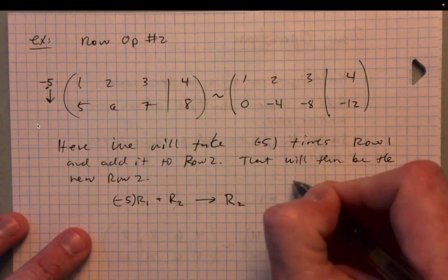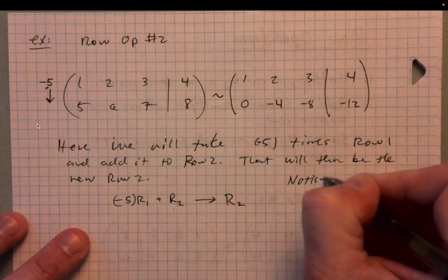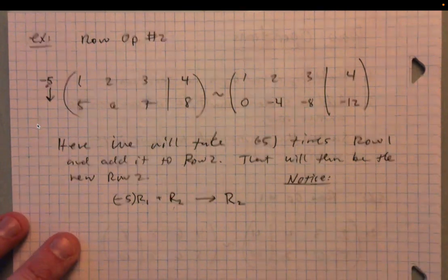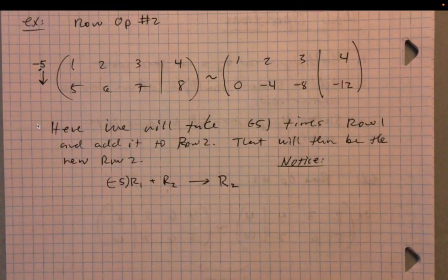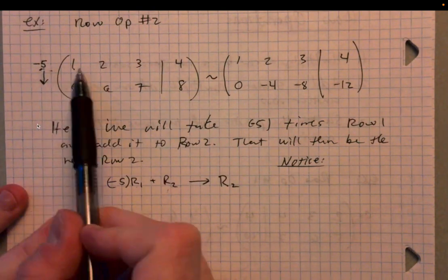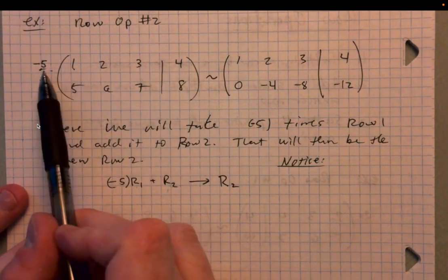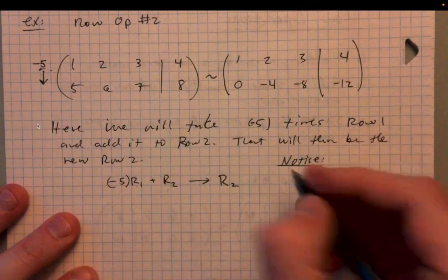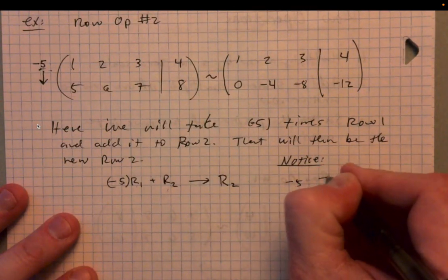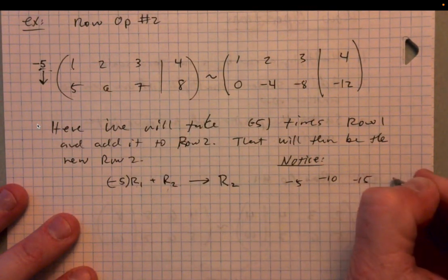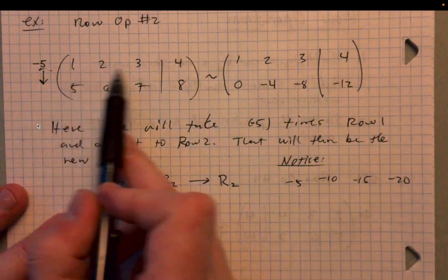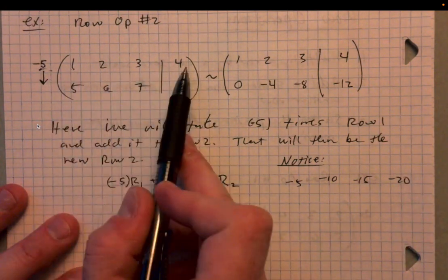Another way to think about this: when you're starting out, maybe a side calculation is useful. Start by doing the multiple here. -5 times 1, 2, 3, 4. So you get -5, -10, -15, -20. That's just the -5 times row 1.